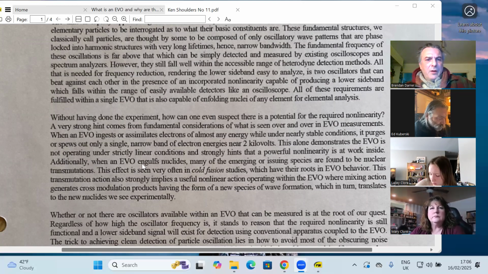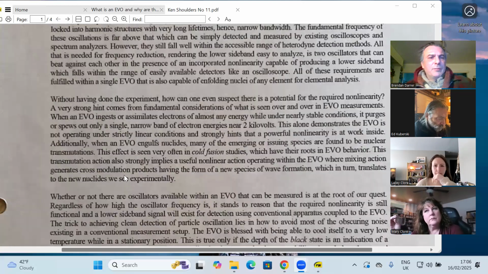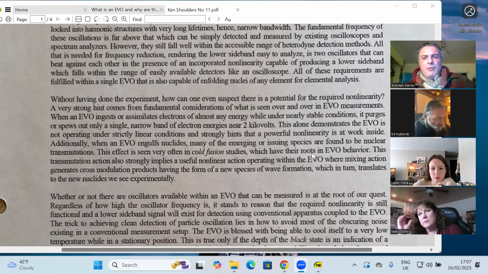Additionally, when an EVO engulfs nuclides, many of the emerging or issuing species are found to be nuclear transmutations. This effect is seen very often in cold fusion studies, which have their roots in EVO behavior.